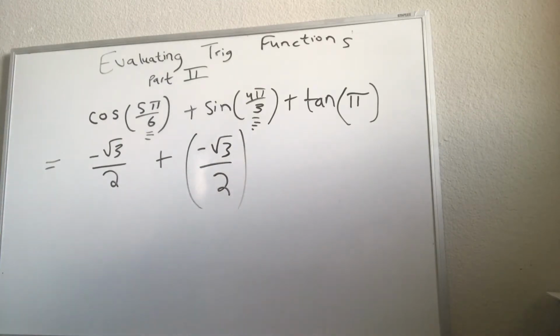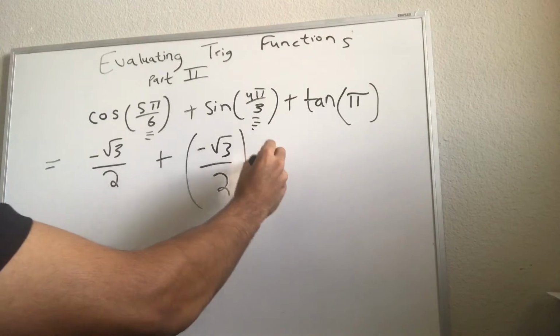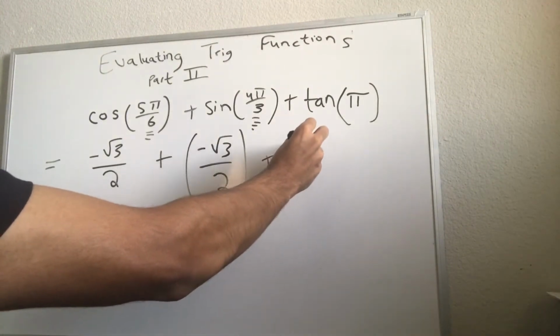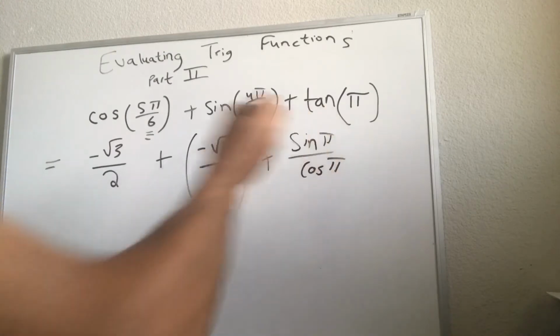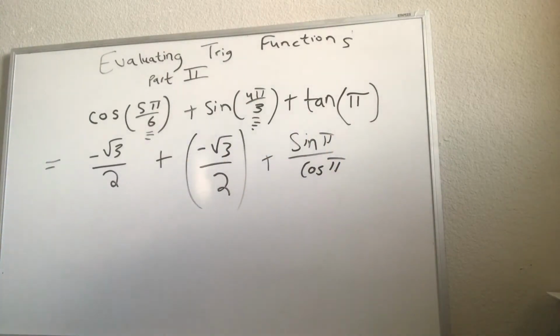Now looking at tangent of pi, again we're not using our calculators here, but if you haven't memorized the values of tangent so far, what you can do is write this as sine pi divided by cosine pi. And always draw a pictorial if you get confused here.